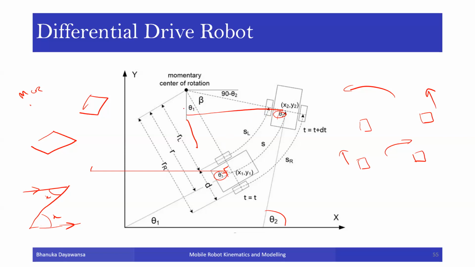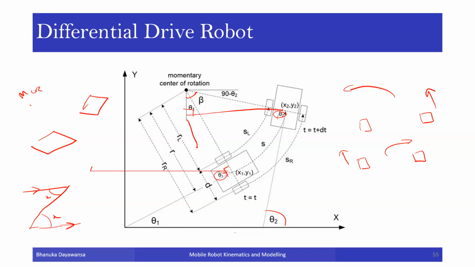So this is 90 degrees. This entire thing is 90 degrees, right? So this angle here is theta2, right? Because this is theta2. This is 90 minus theta2.